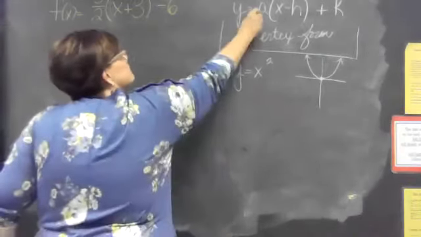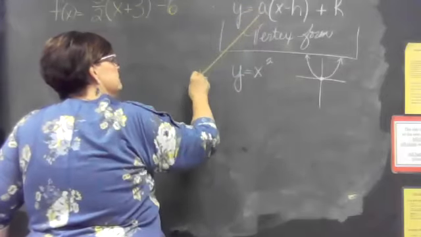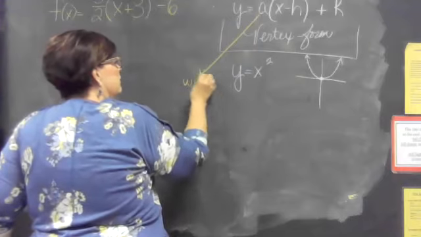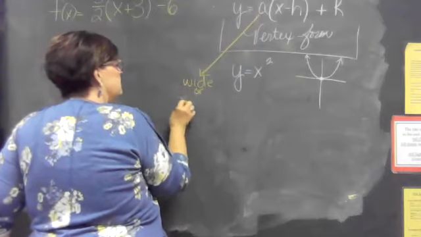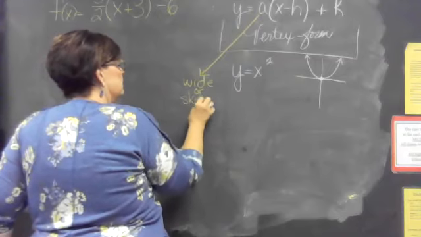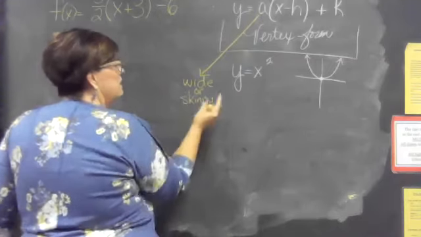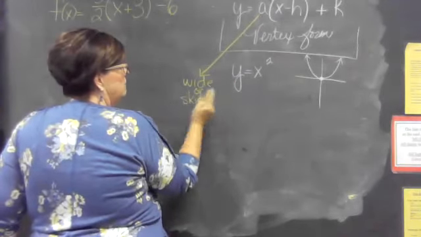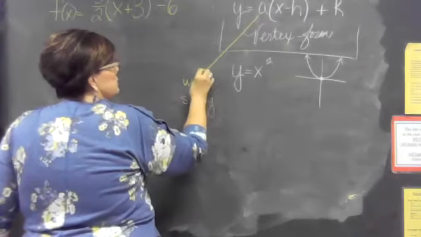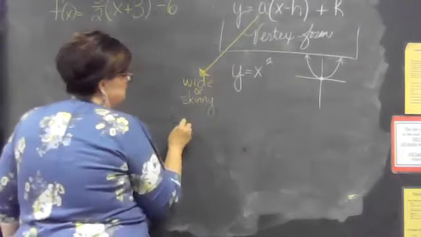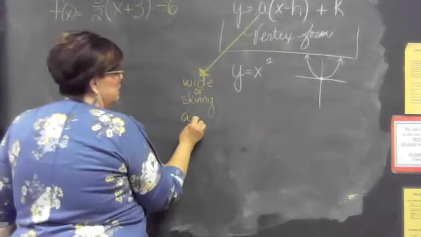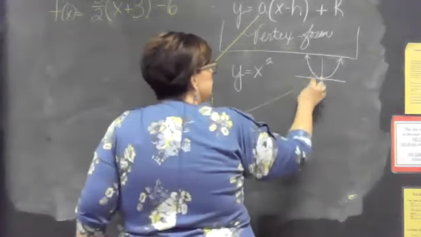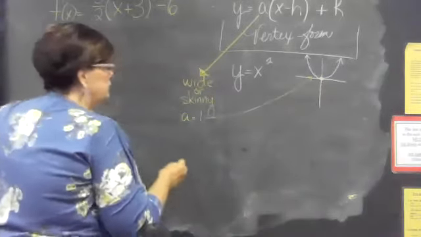The A tells you how wide or skinny the parabola is going to be. Now, the way that we tell is that if A equals 1, then it is the standard width, okay, of the parent function.